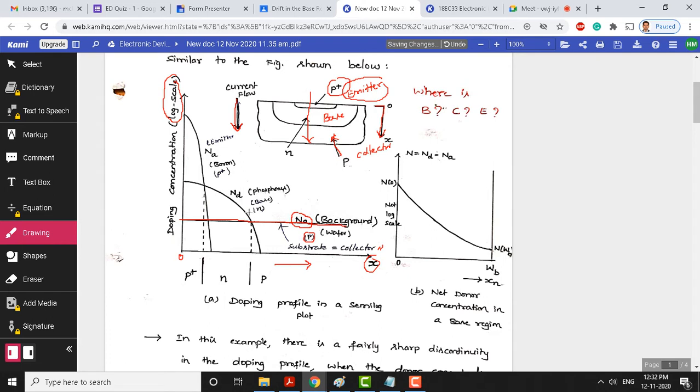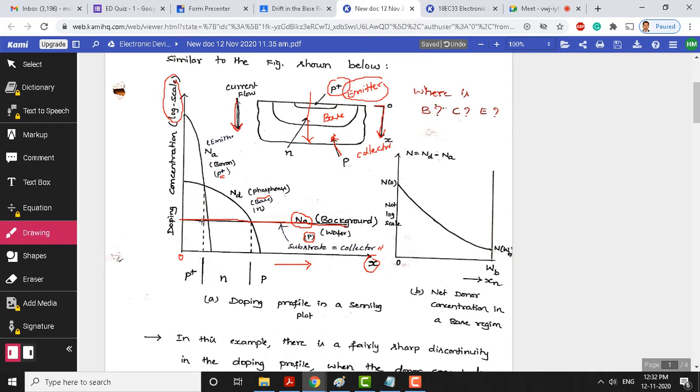On top of that, if you diffuse with the other kind of material like phosphorus, it forms the base region, and again on top of that, if you diffuse with boron, heavily doped p plus, it forms another layer here. This profile will tell you how exactly the dopings are distributed within the p plus NP transistor here.